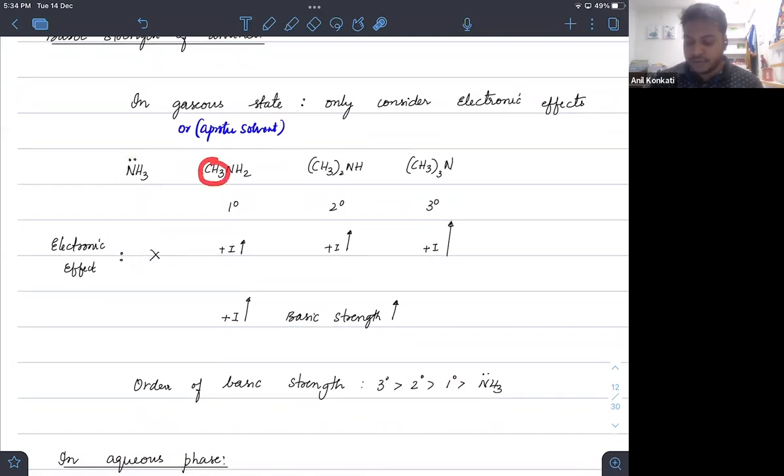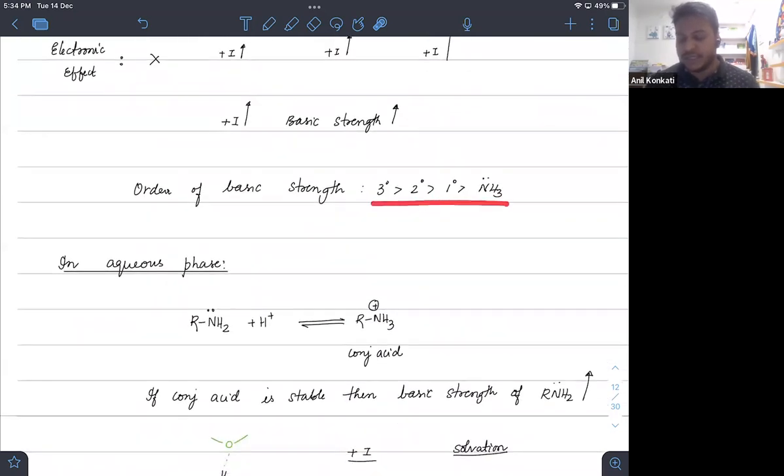Here there is one methyl group, so one plus I effect is there. Here there are two of them, here there are three of them. So magnitude is more in tertiary amines. More amount of plus I, more is the ability of nitrogen to donate electrons, hence the basic strength is more. So the order of strength would be 3 degree down to ammonia. This is a typical way we can expect in gaseous state.